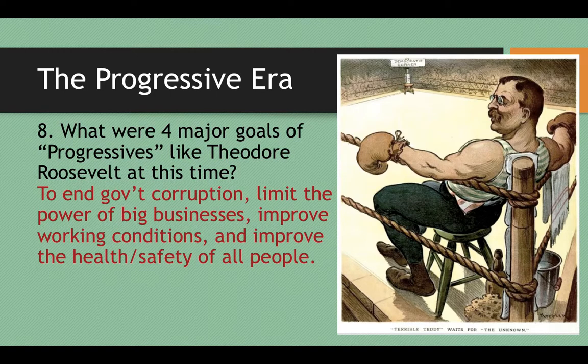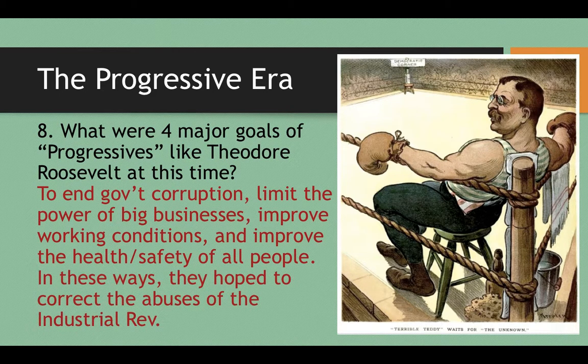They said we also need to limit the power of big businesses and break up monopolies and trusts, which were basically collective monopolies. They said we also need to improve working conditions, usually through the work of labor unions, and to improve the health and safety of all people, usually through government regulation.